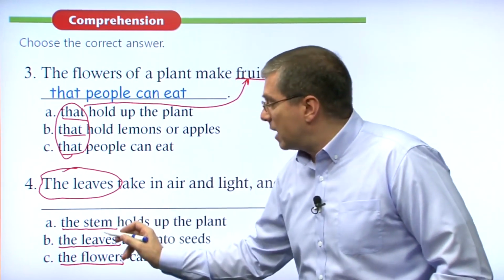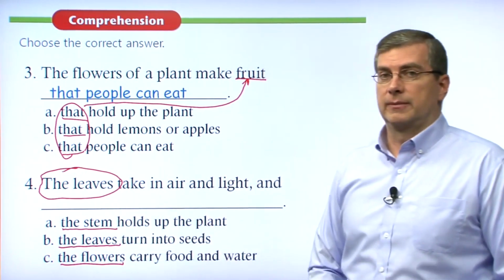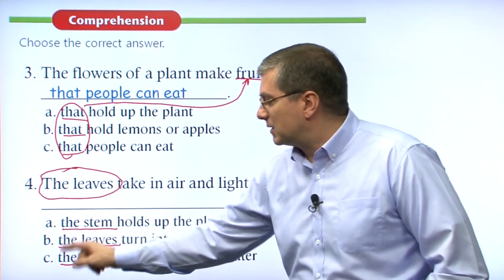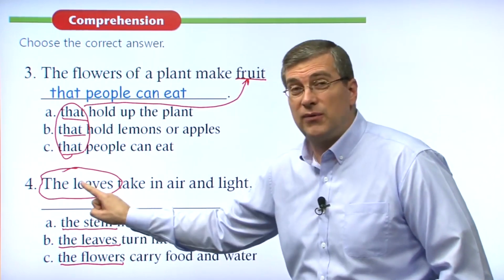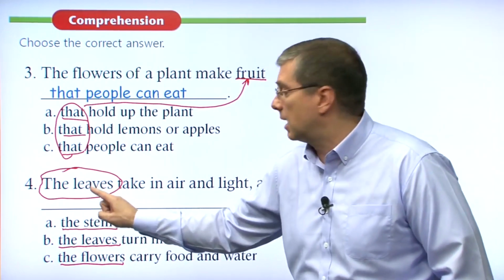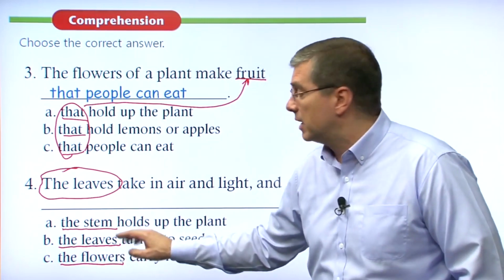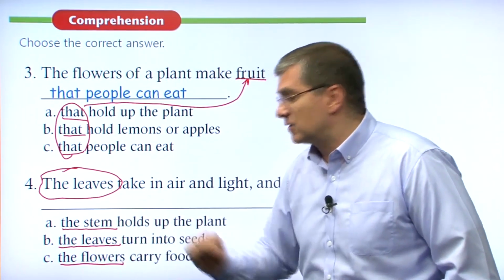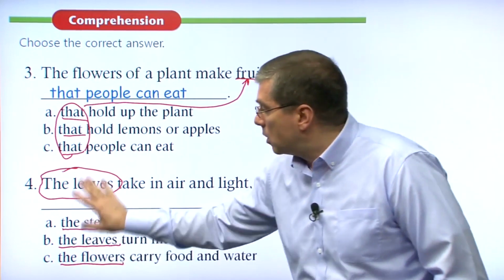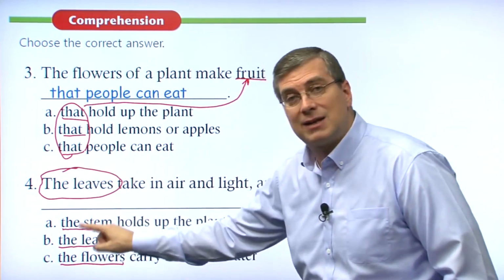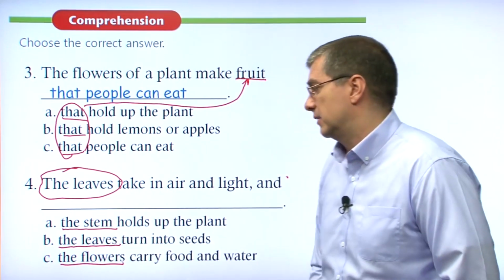And then we have the stem, the leaves, or the flowers. So we have to find a true statement from A, B, and C about the new subject. Don't get confused. We're not talking about leaves again. We're talking about something different. True, B is talking about leaves, but A is talking about the stem, C is talking about the flowers. So we don't really need this first part of the sentence. We only really need to pay attention to the second part of the sentence.